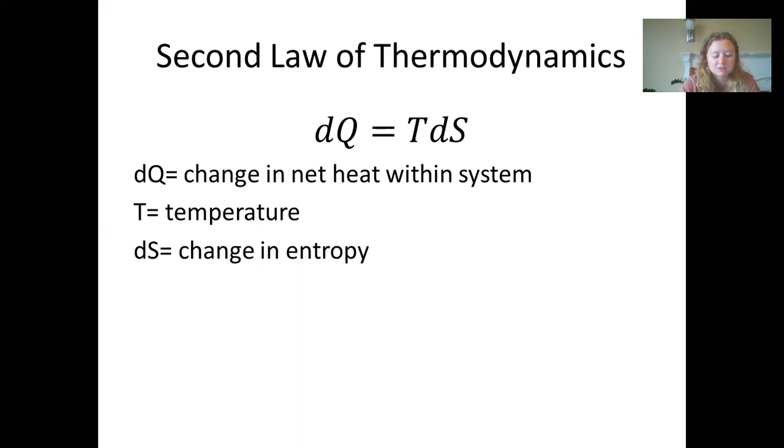Water vapor basically stores heat, so as water vapor condenses, it releases latent heat. Both the release of latent heat and heat from sources are taken into account when looking at the change in net heat within the system.